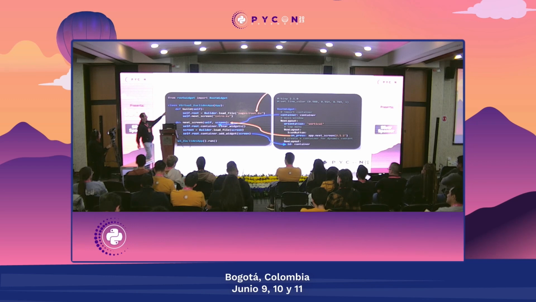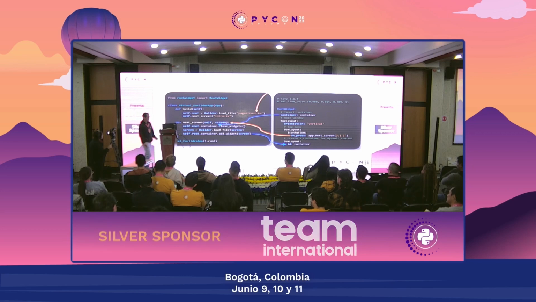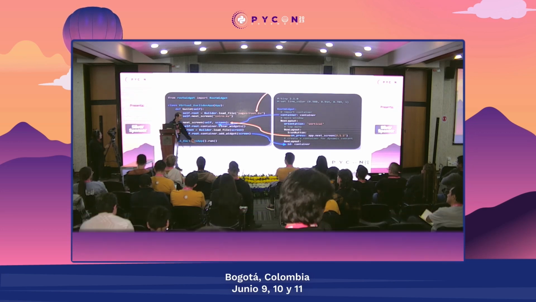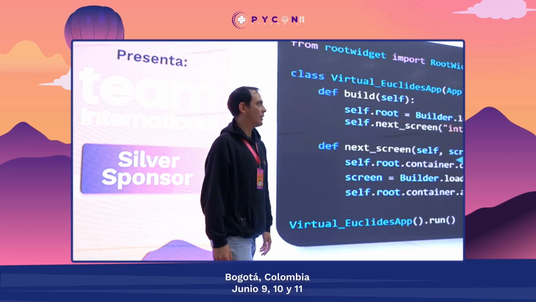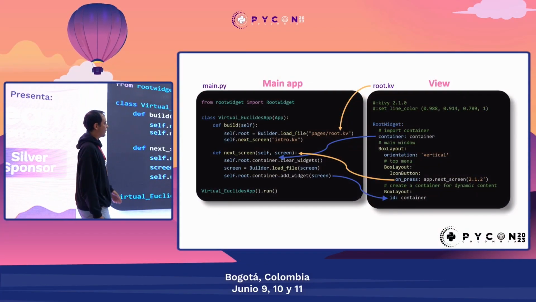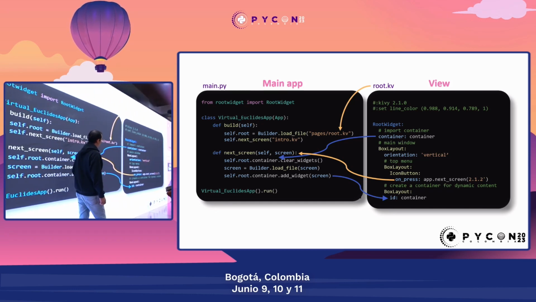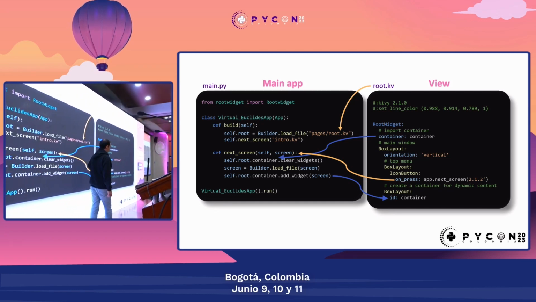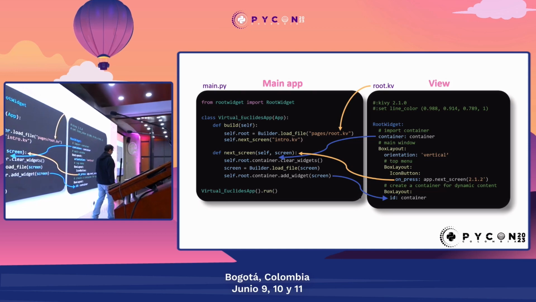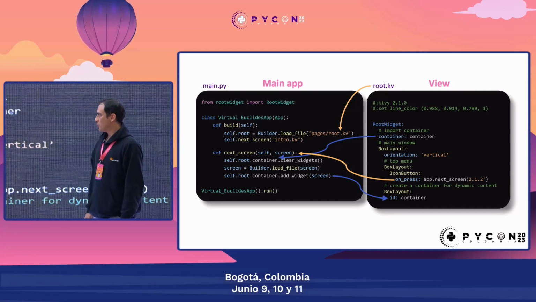So first we have a class. This is the main class to execute the application. It runs forever. This execution basically loads the root container. This first container gives us the option to use this interface. This interface gives us the option to create a view.